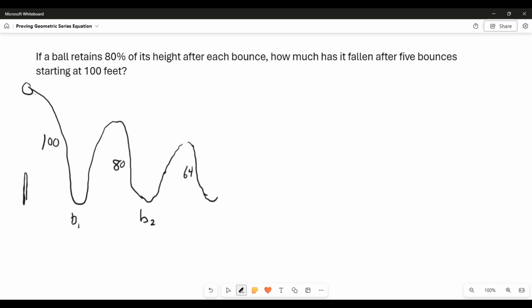And it comes down and it bounces 3. So now you're going 80% of 64, which when you use the calculator, it goes 51.2 feet.